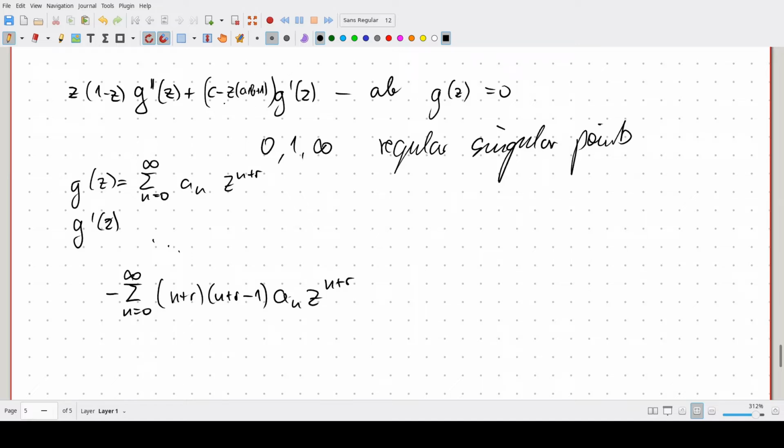The same happens for z and the first derivative, so plus a plus b plus 1, and also for the constant term.